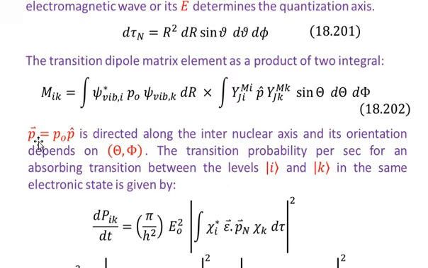So the vector p, which I have written as p naught and p hat, is directed along the internuclear axis, and its orientation depends on capital Θ and capital Φ.